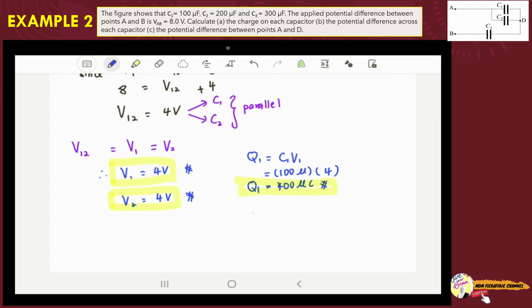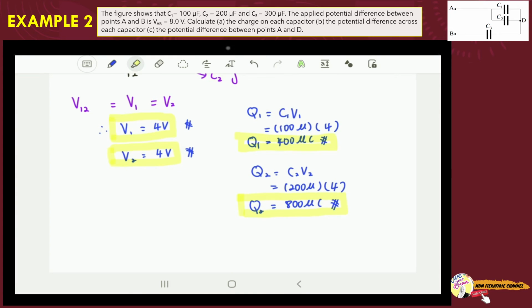So Q2 is equal to C2 V2, and C2 is 200 micro and V2 is equal to 4 volt and it's equal to 800 microcoulomb. Okay. So we have got the answers. Okay, we have found V1, V2, Q1, Q2, V3 and Q3.